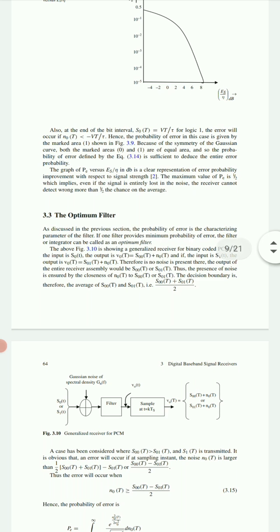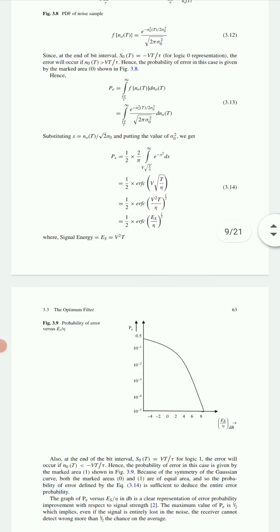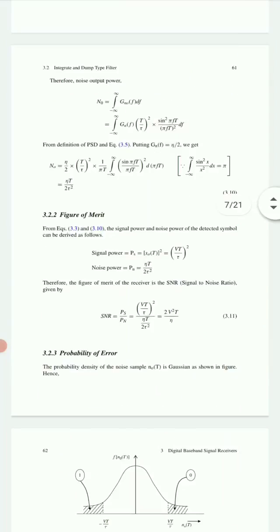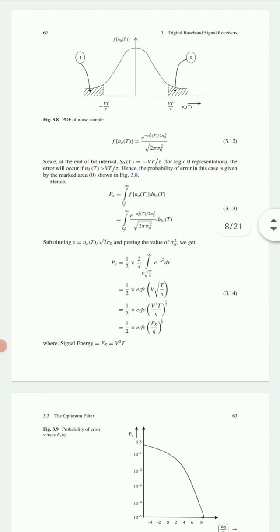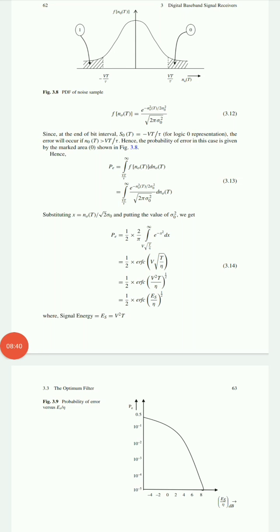Here we have seen the error probability, which depends on, as we have just seen, Es upon eta. Es upon eta.